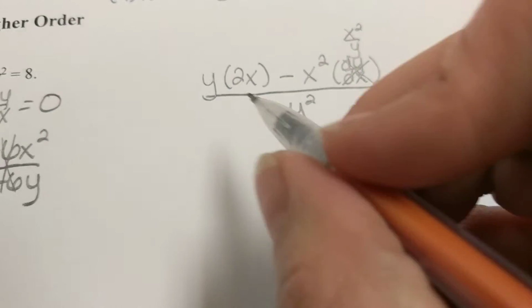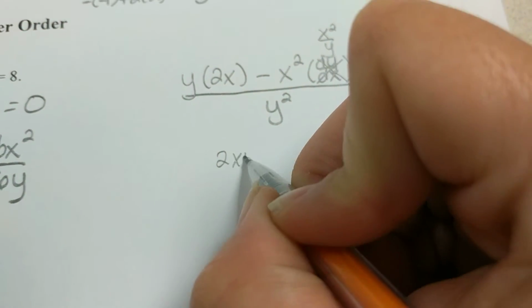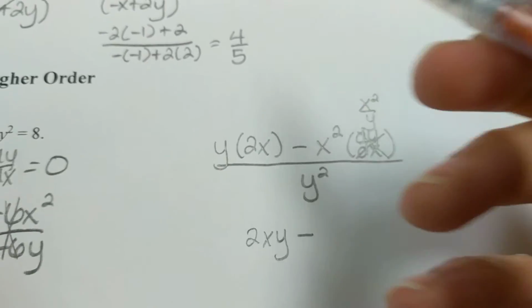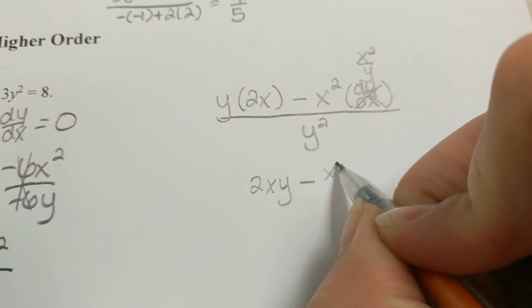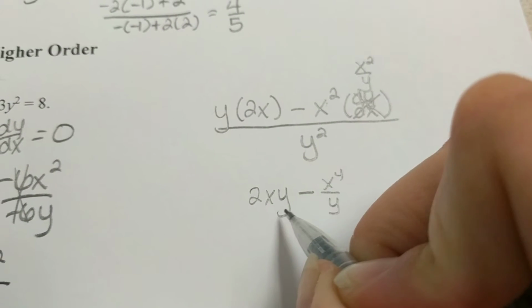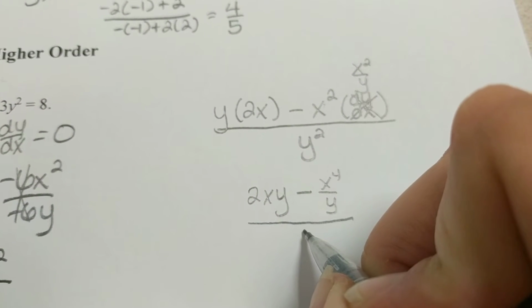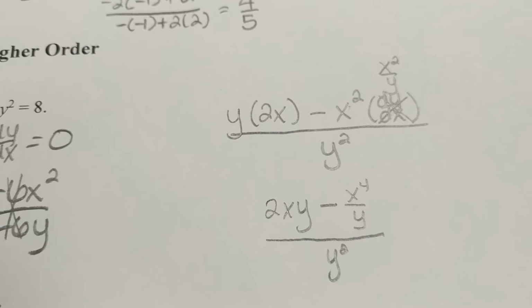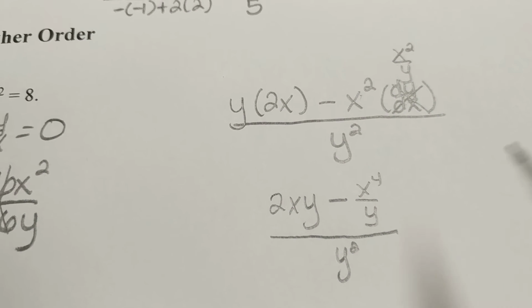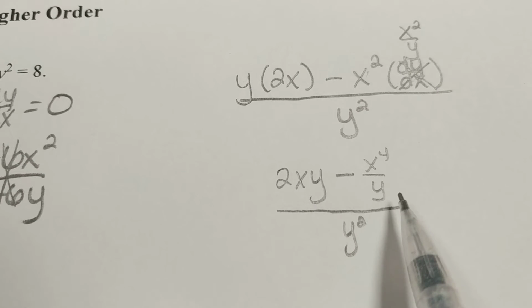So I get this new equation, 2xy minus, I've got x squared times x squared, which is x to the fourth, over y, all over y squared. Now I have a little bit of an issue. I don't want to have a fraction on the top.